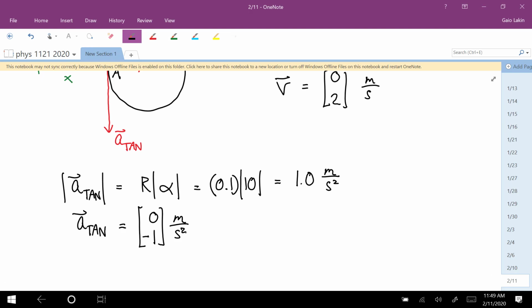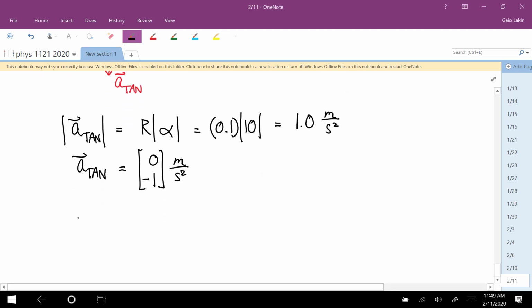And then the last one is the centripetal acceleration. The magnitude of that is omega squared r, or we could use v squared over r in this case since we already calculated v. But that is 20 squared times 0.1.